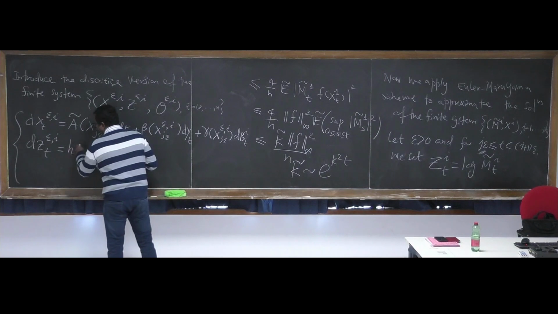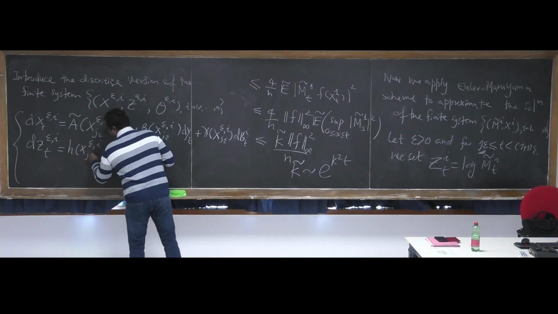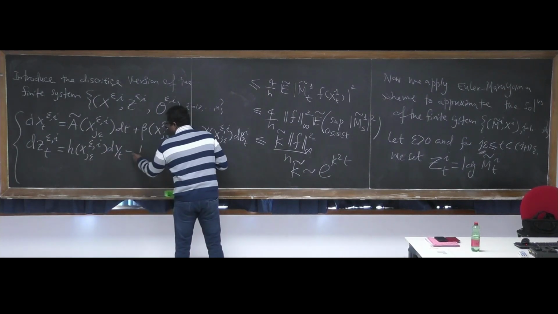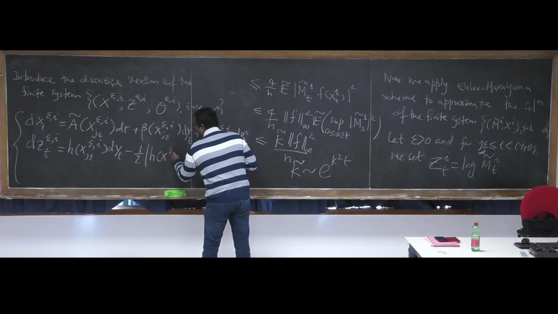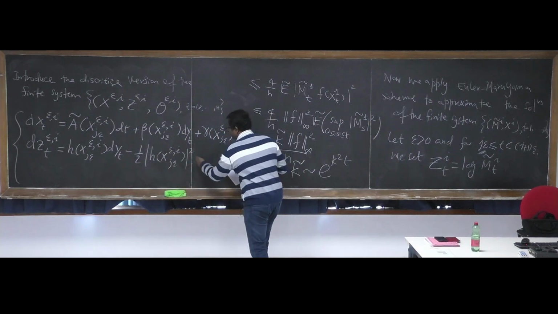This is nothing but h of X^{epsilon,i} evaluated at j epsilon, dY_t, minus 1/2 the absolute value of X^{epsilon,i} evaluated at j epsilon, squared, dt.